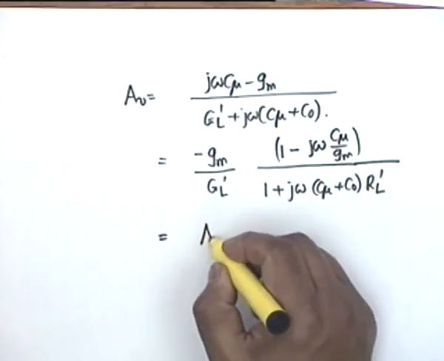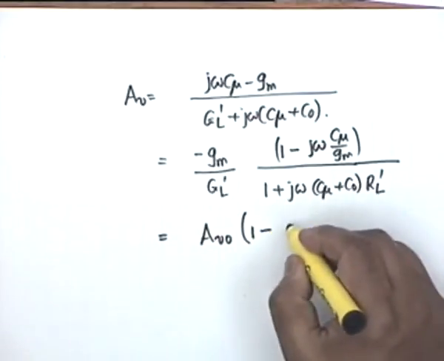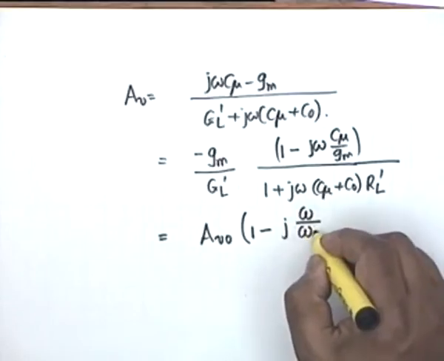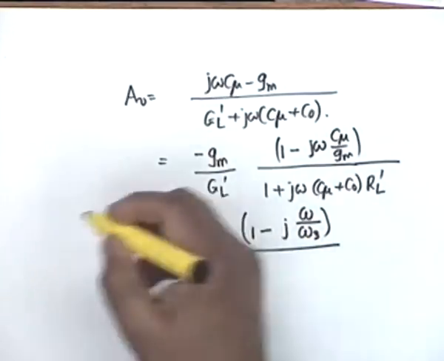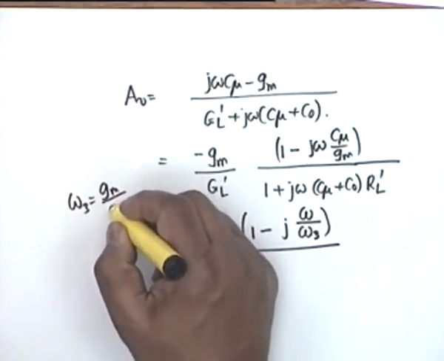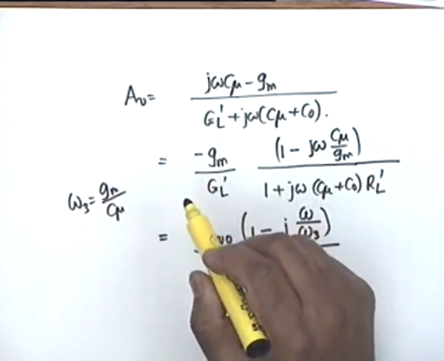So I can write this as AV0 times (1 minus j omega by some quantity omega 3), where omega 3 is defined as gm divided by C mu. What is gm divided by C mu?